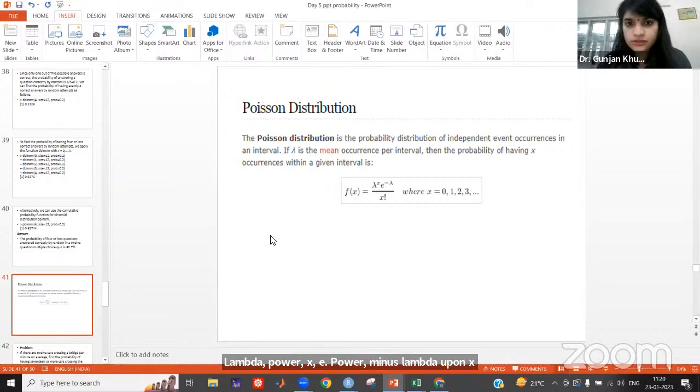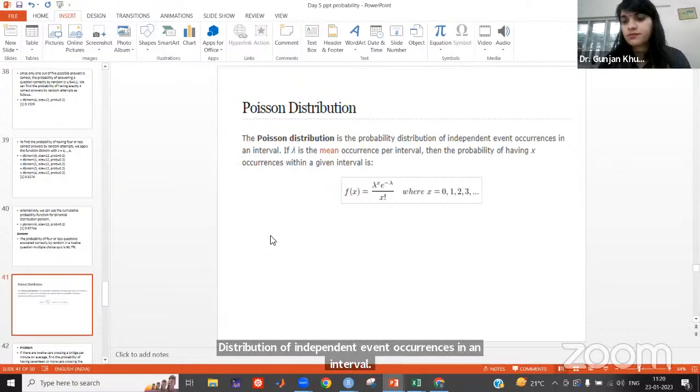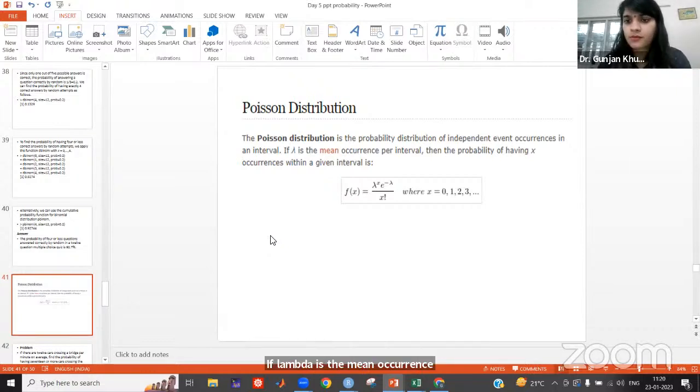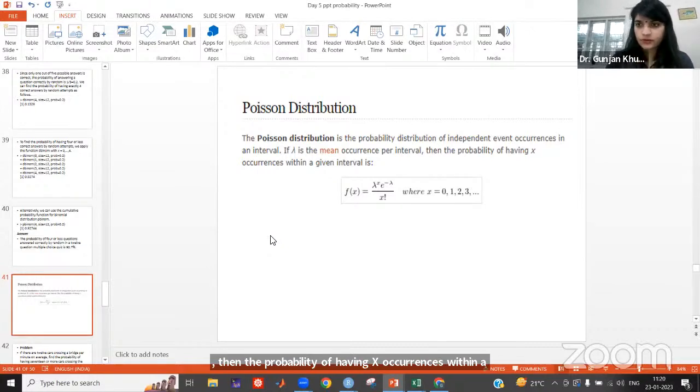The Poisson distribution is the probability distribution of independent event occurrences in an interval. If lambda is the mean occurrence per interval, then the probability of having x occurrences within a given interval is given by this formula.